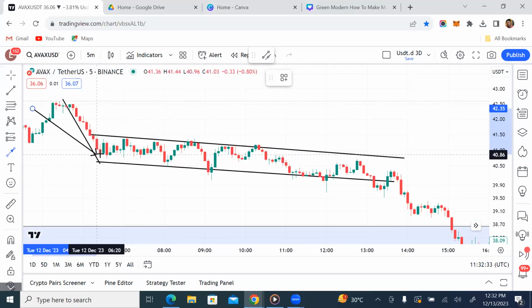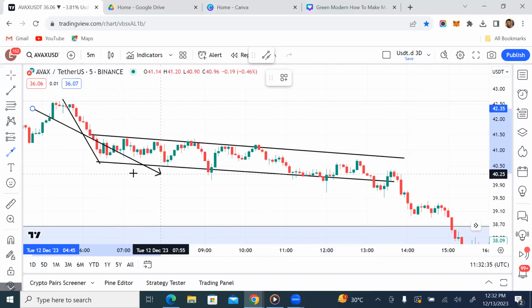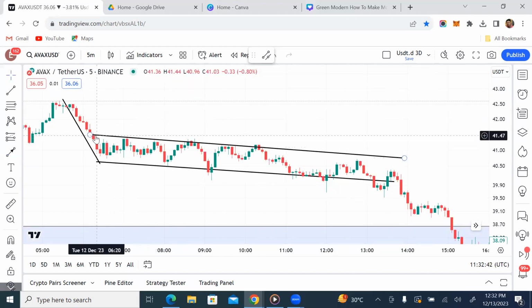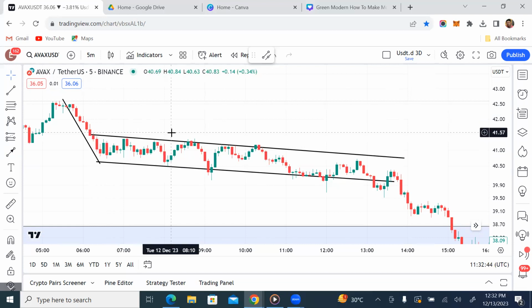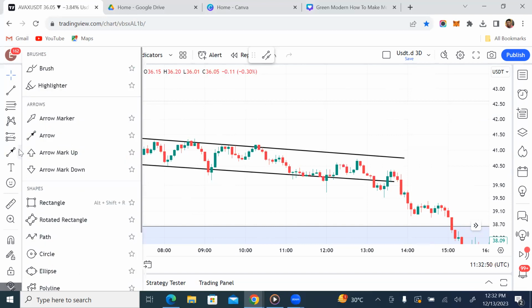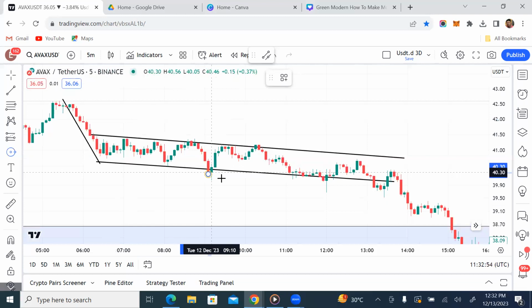But the consolidation is where we want to look now. How did this consolidation happen? A distribution usually happens in the form of a failed inverse head and shoulders. Now, this is what a redistribution is, rather. Let me just make this cycle here.